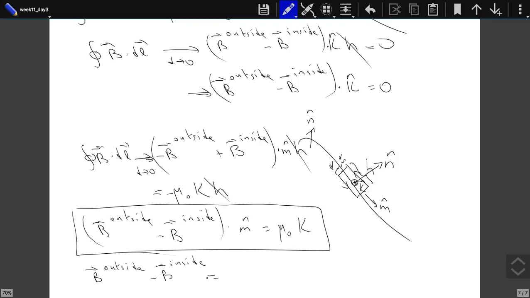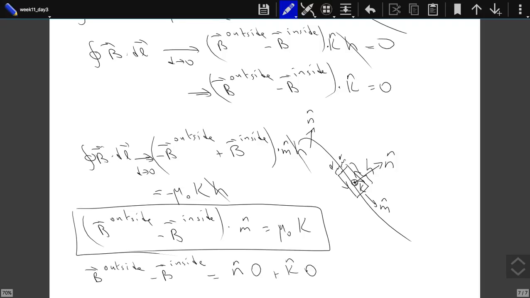There is a component in the n hat direction, where it is just 0; we said that the component perpendicular to the surface is continuous. So in this difference, they just cancel each other. So in the n direction, I have 0. In the k hat direction, we also said that the change in B in the k hat direction is also 0.